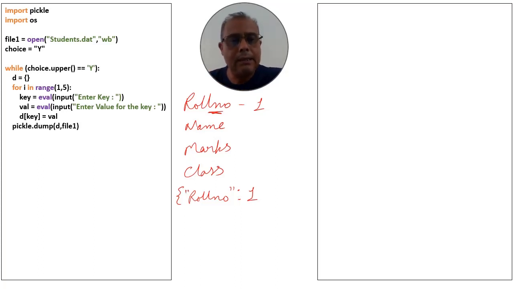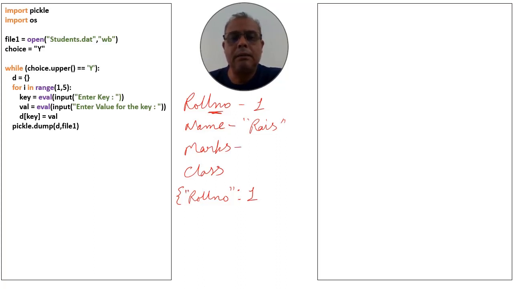Now in the next pass of the for loop, we are going to add name, let's say Rais. The value will be Rais.